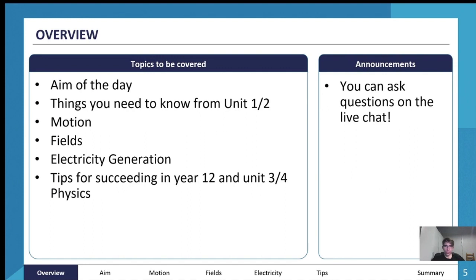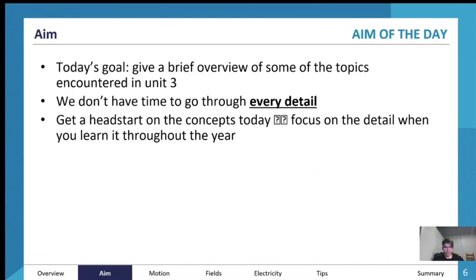Then we're going to go through the topic of motion, fields, electricity generation, which is part of what you learned the first half of the year. Especially with the new changes to the study design. And in the end, I will provide you with some tips for succeeding in year 12 and units 3 and 4 in physics.